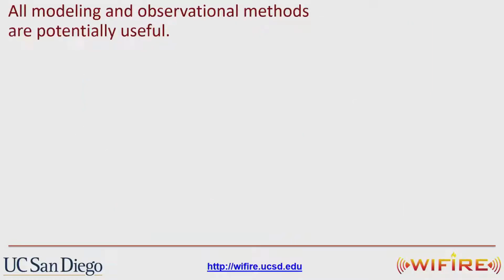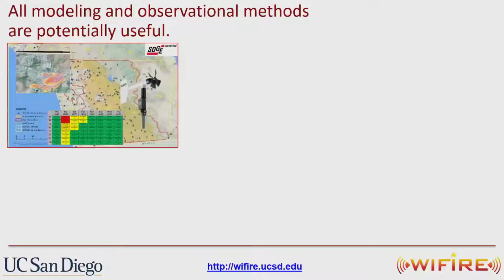So what we've been doing is we've been working with different types of fire modeling, weather modeling community, and data providers to create a cyber infrastructure. Why do we do this? Because all modeling and observational measurements are potentially useful, and how do we bring that to light in use of public for fire response or public situational awareness, or in general training and outreach to communities.